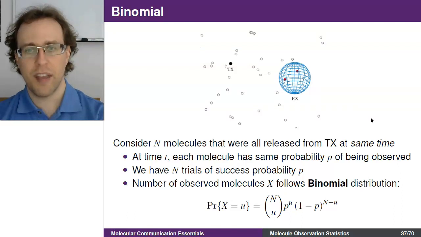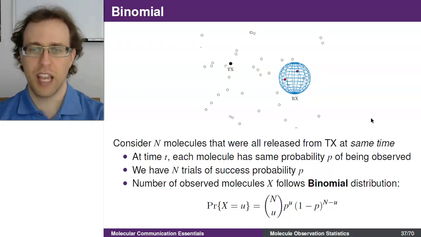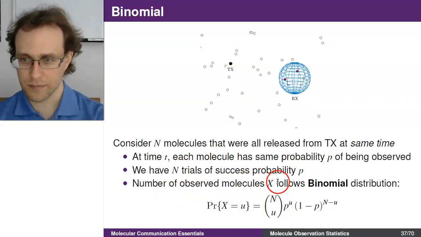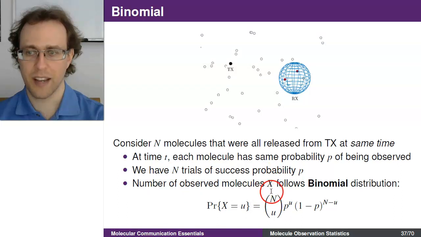Effectively, we have n trials of success probability p, and so this lends itself immediately to describing the number of observed molecules, the total number that we see at time t, which we describe with variable x. That follows a binomial distribution.